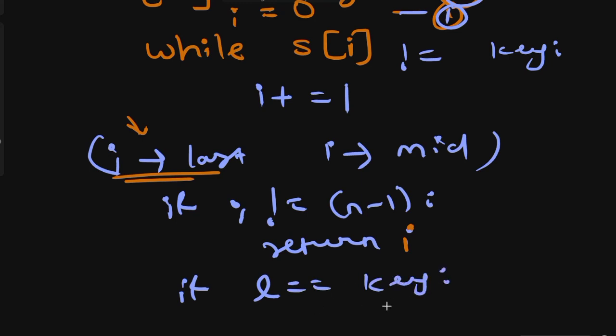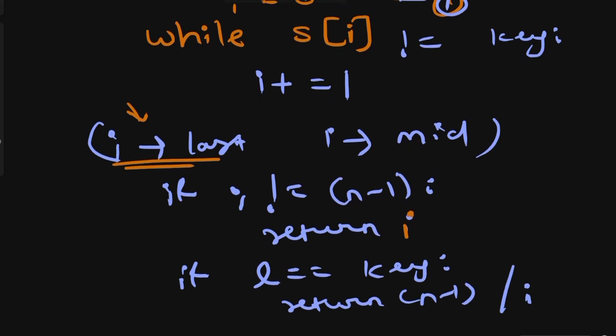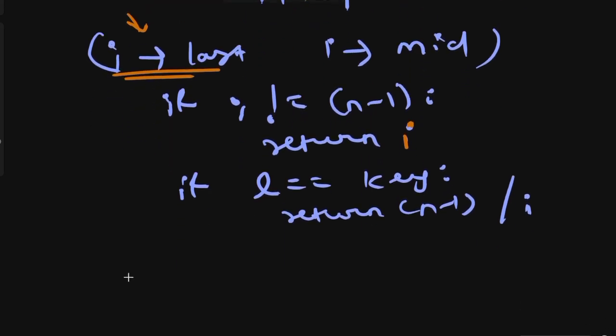If it is equal to key, then we return I. Or we can say, if L is equal to key, then we could return the last element, which is n minus 1, or it can also be written as I, because I will also point to the last element. If both cases are not true, then we didn't find it, so we directly return minus 1.